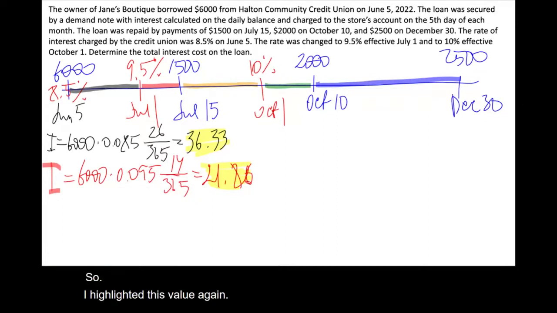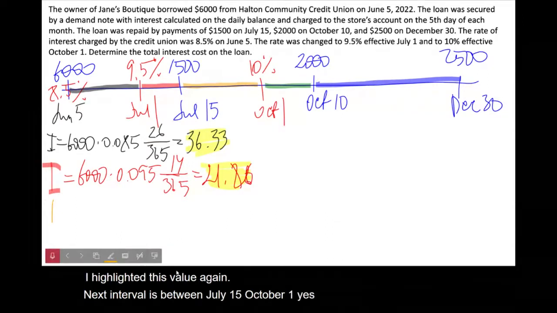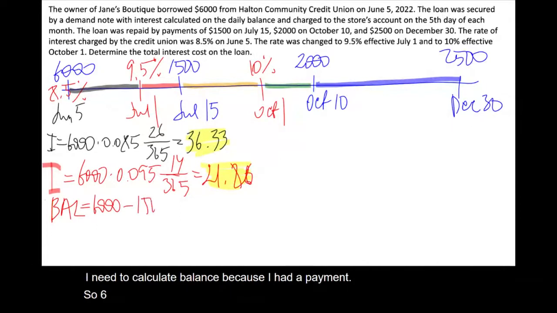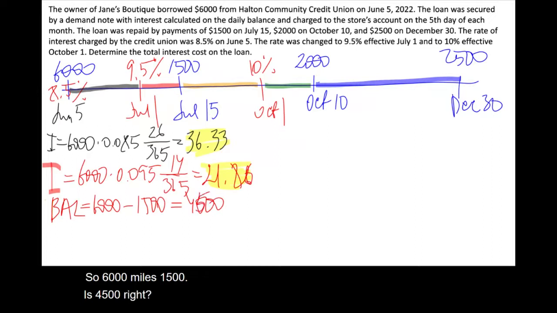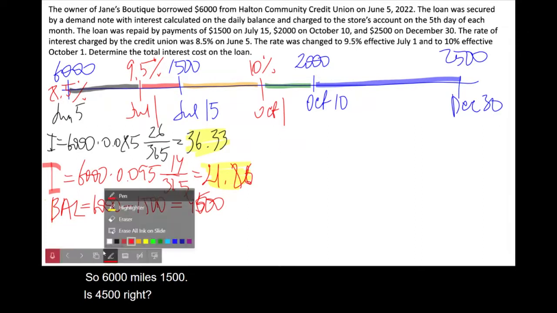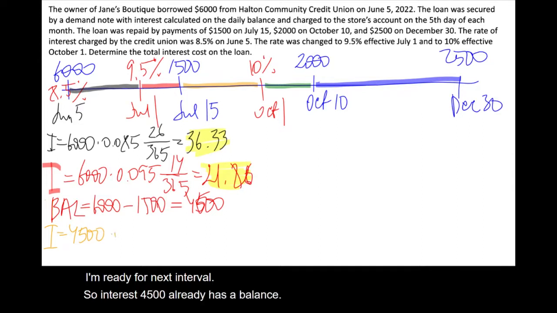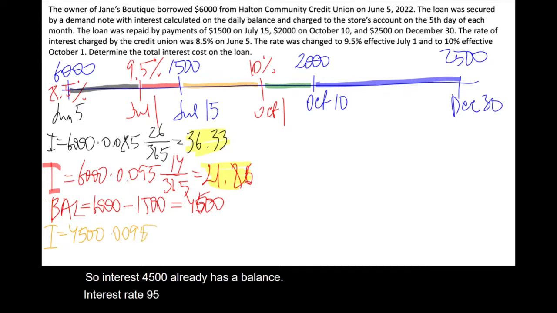The next interval is between July 15 and October 1. Yes, but let me finish the previous step. I need to calculate the balance because I had a payment. So 6,000 minus 1,500 is 4,500, right? Now I'm ready for the next interval. Interest, 4,500 as the balance, interest rate 9.5%.